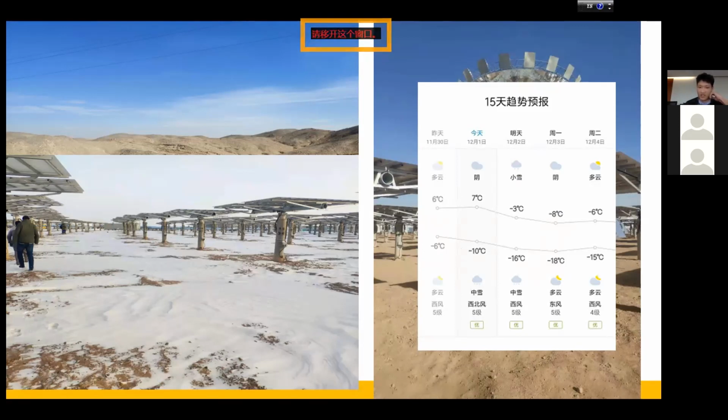It has a wide temperature range in that area, so the devices installed there should also withstand this wide temperature range.